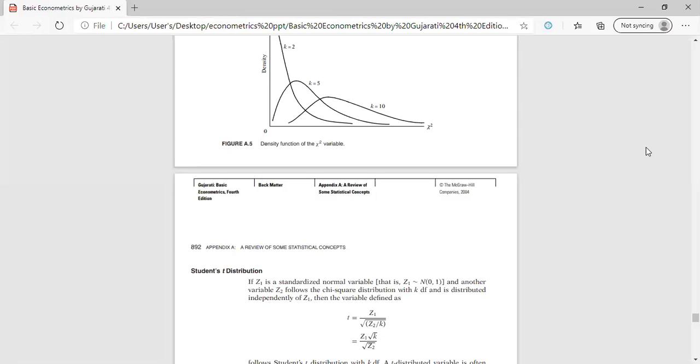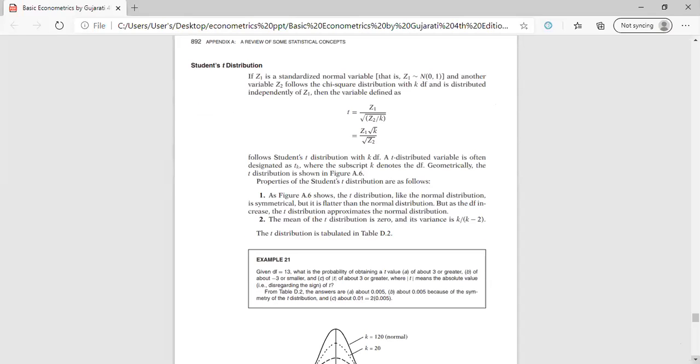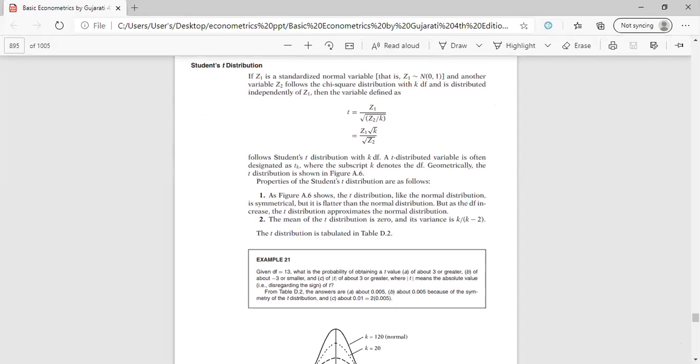But for these three distributions, the density function depends on sample size, so the probability under different values will differ depending on your sample size. I will not say much about these distributions now.